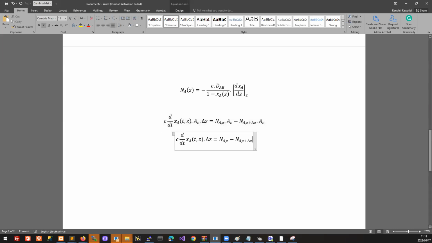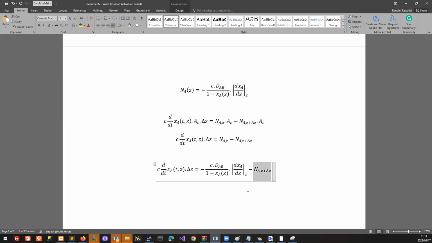And then we can substitute for this NAZ. So let's just do that a bit separately. So for NAZ, we can replace it by this form. And this is NA at Z. So this form is fine.